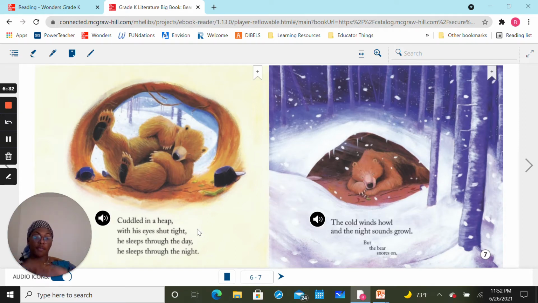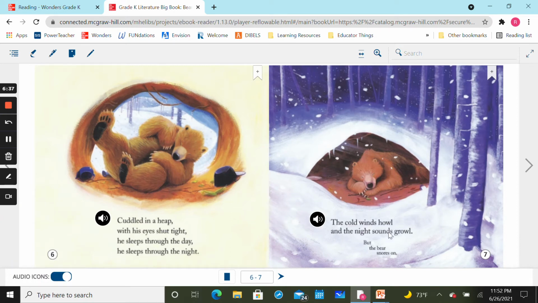But if we open our eyes, everybody open your eyes. If we open our eyes and look at page 7, the words say it, the picture shows us, Bear is sleeping very, very peacefully. So we can visualize in our minds what it sounds like outside of Bear's den. And we can also visualize a bear just snoring and relaxing very peacefully.